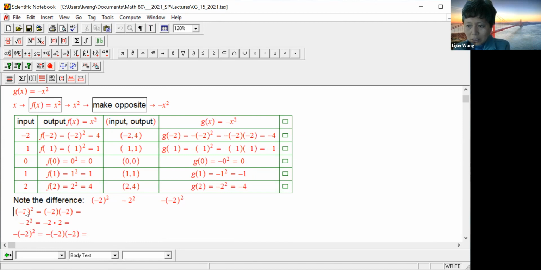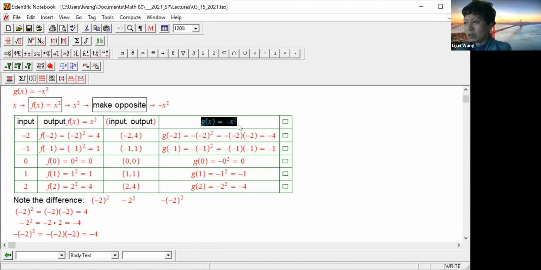So these two tend to confuse a lot of our students. Okay, I hope that clarifies it. Of course this equals 4, and this equals -4, and this equals -4. Okay, know the differences.